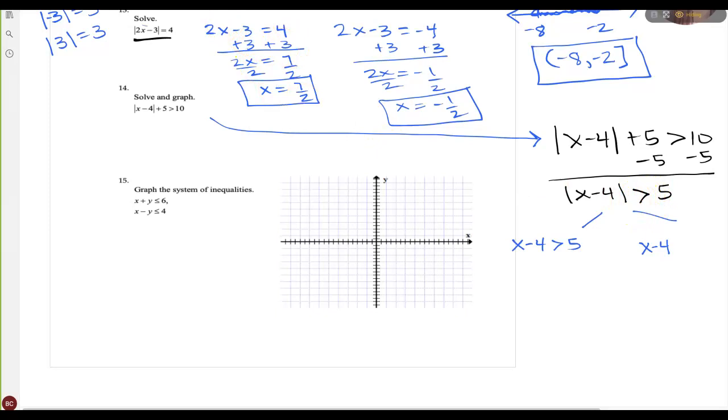I'm going to make this red just to make sure it stands out that I flipped that. And I need to make 5 into its opposite, so it's -5. I changed those two things in red to make them stand out: I had to flip the inequality and change the sign.